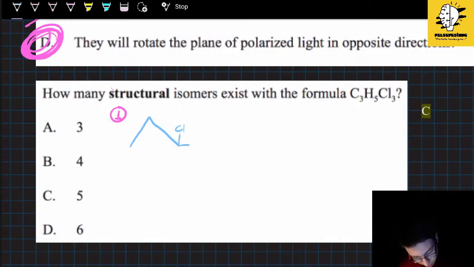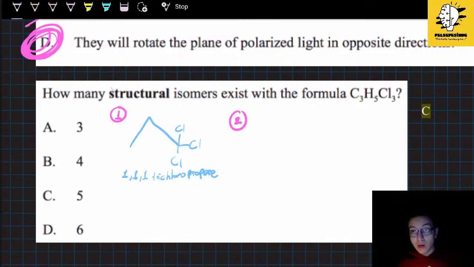Chloro, chloro, chloro. This was 1,1,1 trichloropropane. Let's go with the second one. So the second one would be 1,1,2 trichloro. Sorry, 1,1,2,3 chloro. Yes, I said it correct, right? Yeah. So let's draw it just like this.